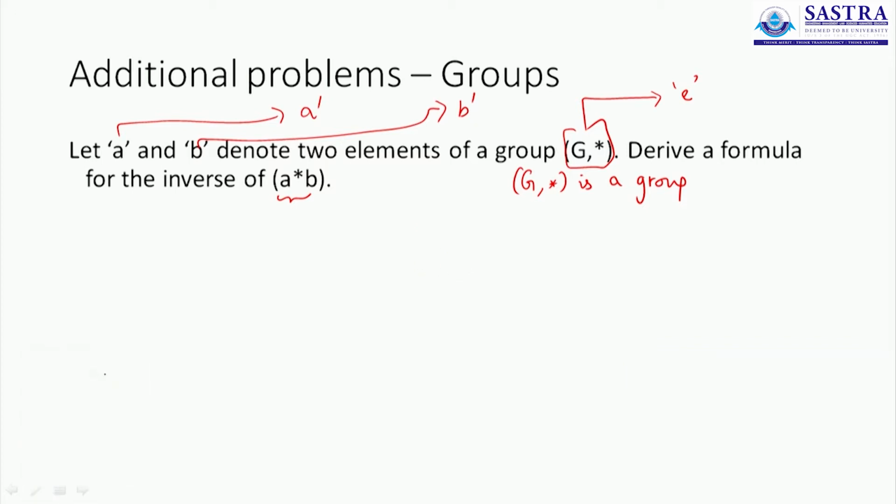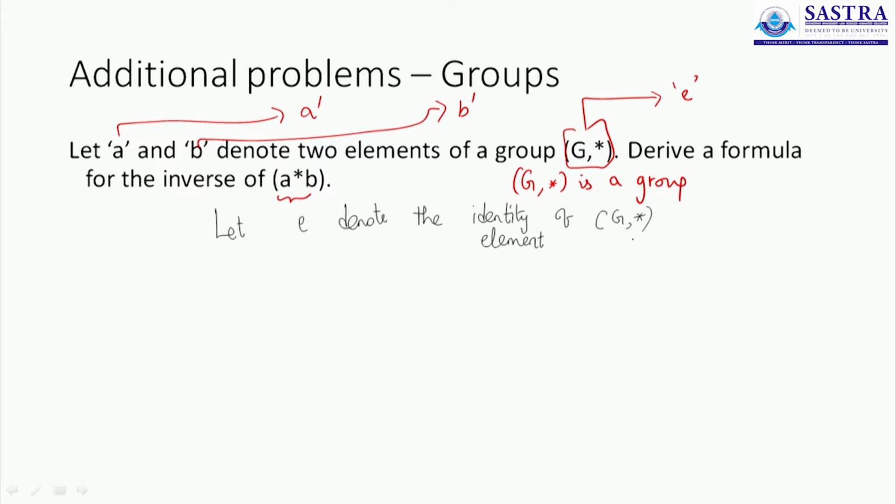Remember, giving examples is not equivalent to proving it. Therefore, we will do it in the general case. So the first statement will be, let E denote the identity element of the group G star.